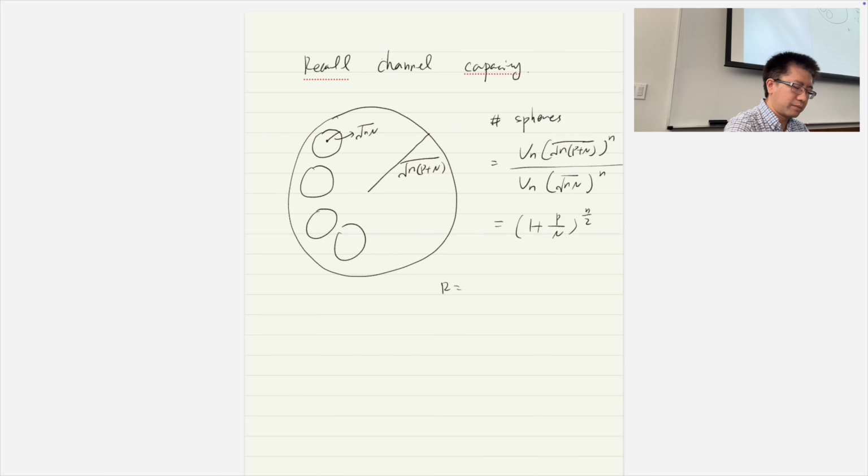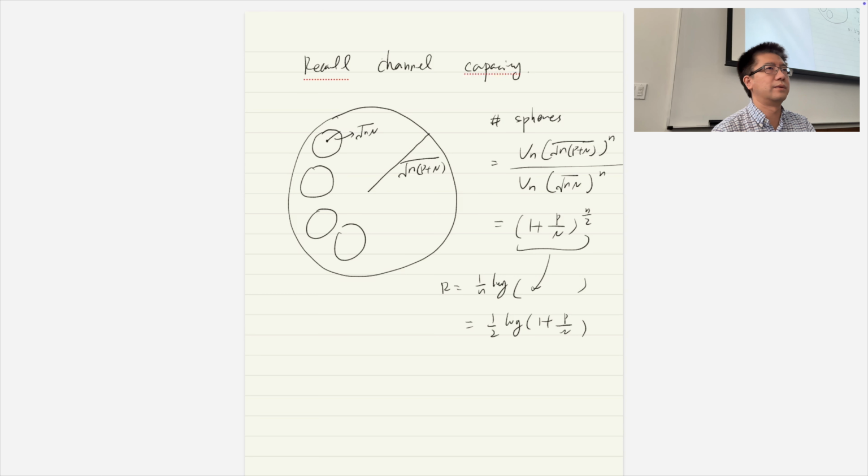Then R is the log of this guy, which gives you the log of 1 plus P over N. Okay, so that's the interpretation of channel capacity.